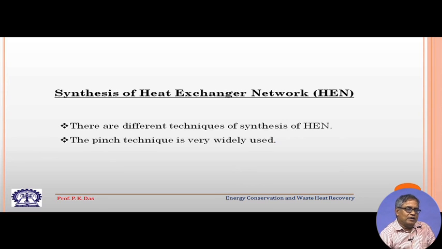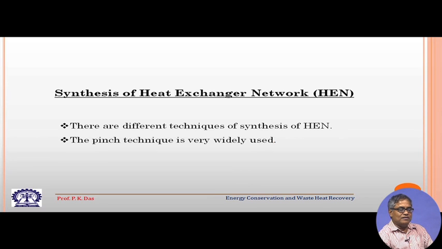There could be a heat exchanger network which we design at the beginning of the plant design, that is relatively simple, but sometimes heat exchanger networks are to be designed when a plant is already operating. That needs retrofitting, or some heat exchanger network has been designed at the beginning, and the plant capacity has been increased by some sort of changes intermediately.